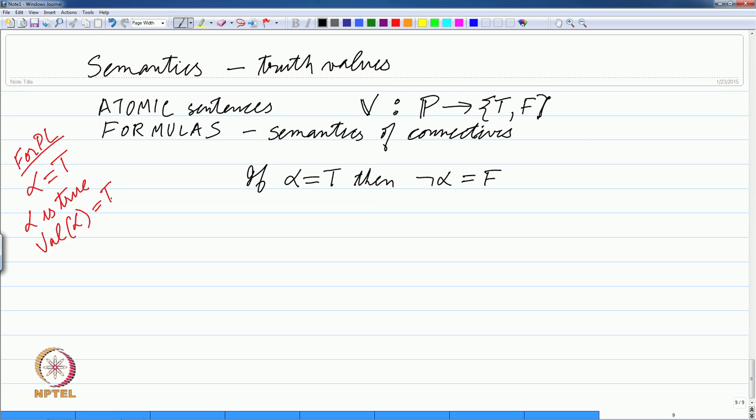So, you are familiar with this idea of truth tables. So, we can construct a truth table for negation. So, we can say alpha is true or false, then not alpha is false or true.